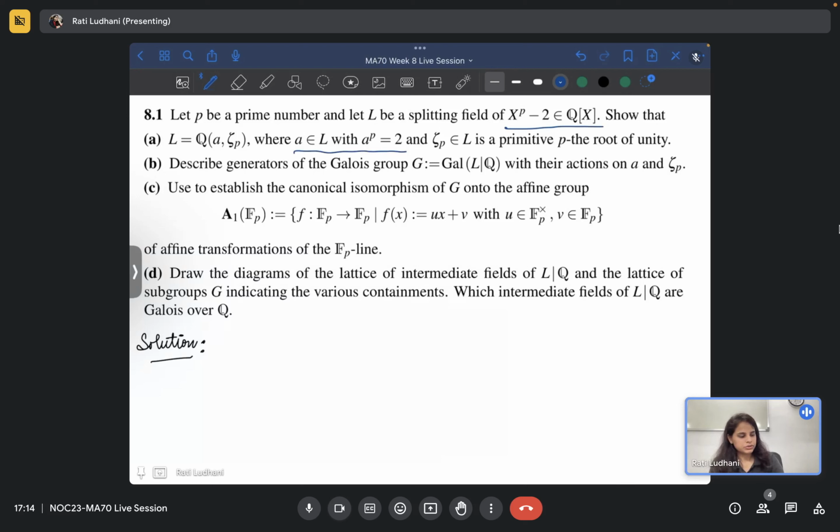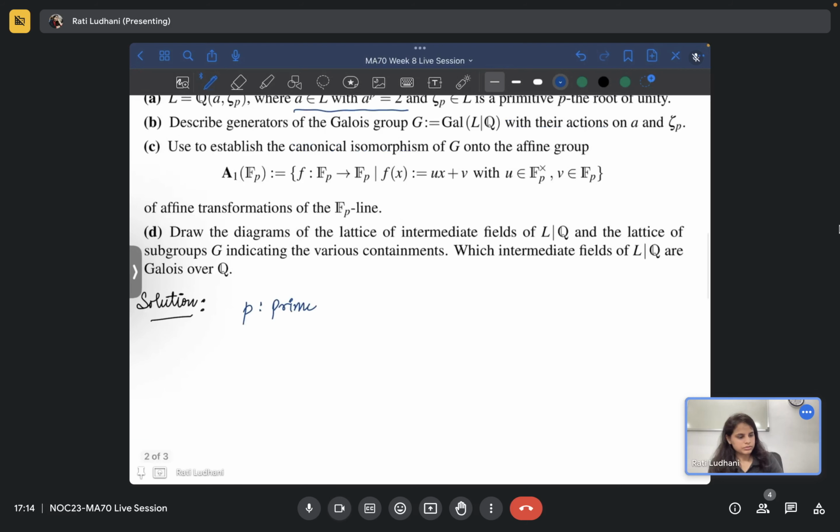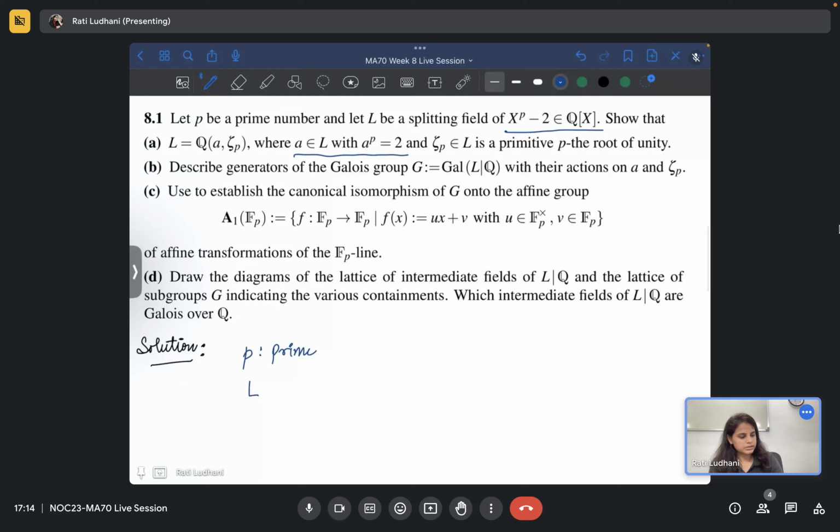So P is given to be a prime number and L is the splitting field of x raised to power P minus 2 in Q[x].